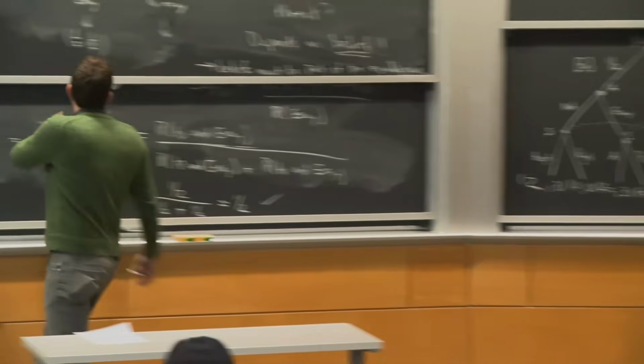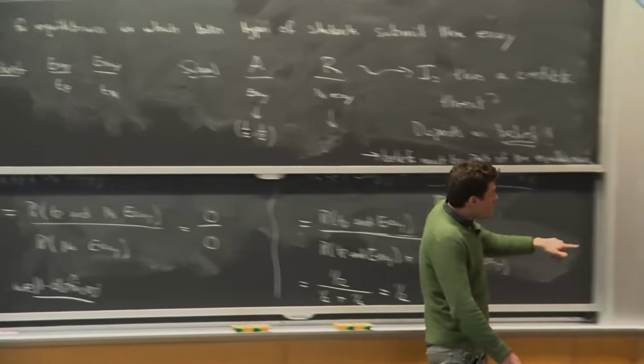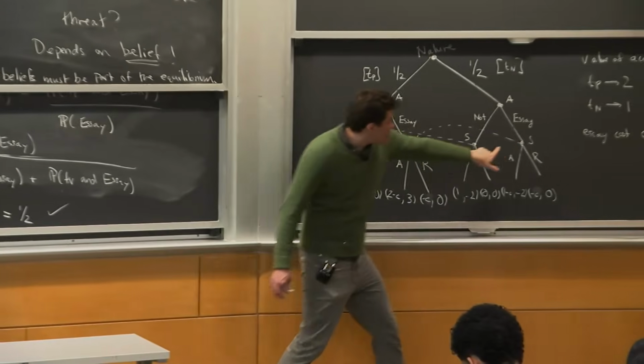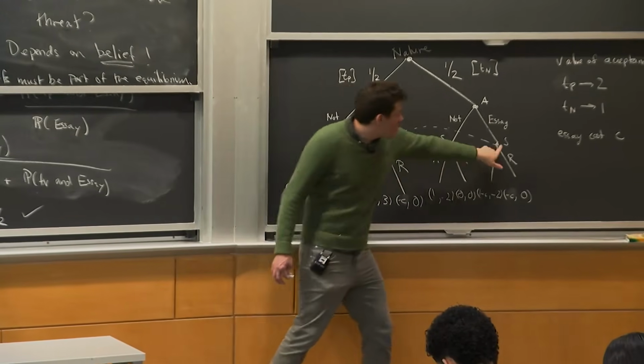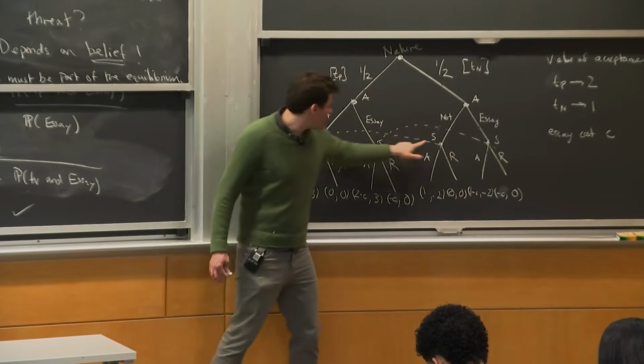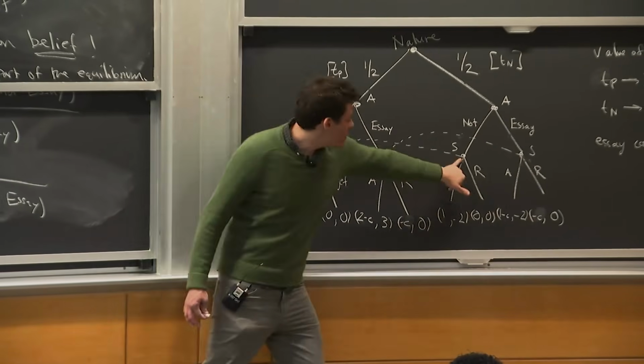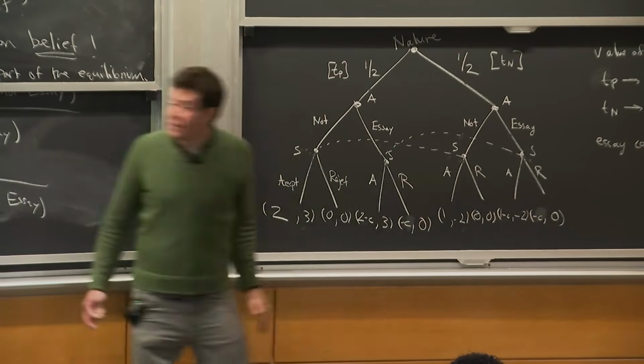And that's exactly what we did here. We said, if the student submitted an essay, we had two nodes in that information set, and we had to form a belief about what was the relative likelihood of those two nodes. And similarly, at the essay information set, we have to form a belief about the two nodes within that information set.